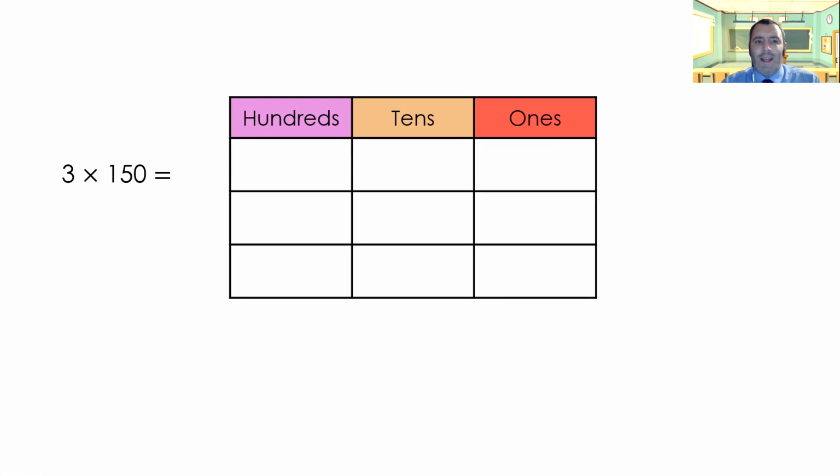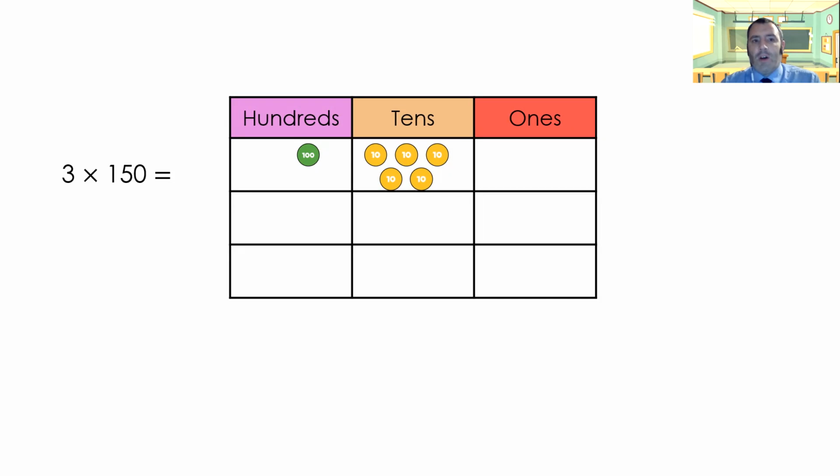Each row is going to need 150 in there. So I will need to put a 100 counter at the end of the hundreds column and 5 tens in the tens column. I don't need to put anything in the ones column because I don't have any ones. When we write the number down, if there's no ones or there's no tens, for example, we put a 0 in there to show that there is nothing in that place value.